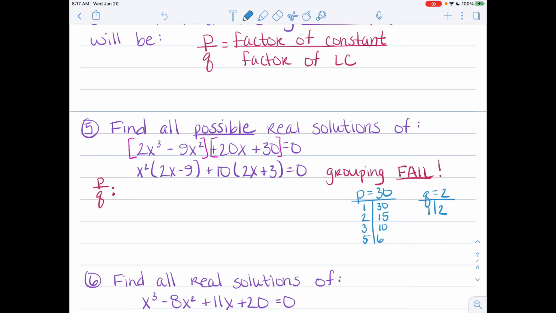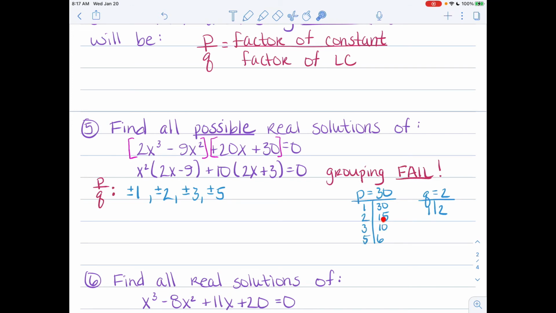I'm going to write a 1, but I'm going to say it could be a positive or a negative 1, because remember, I could have 2 positives that multiply to be a 1 or 2 negatives that multiply to be a 1. Next is 2, so plus and minus 2, plus and minus 3, plus and minus 5, and I've taken care of all the factors down this side.